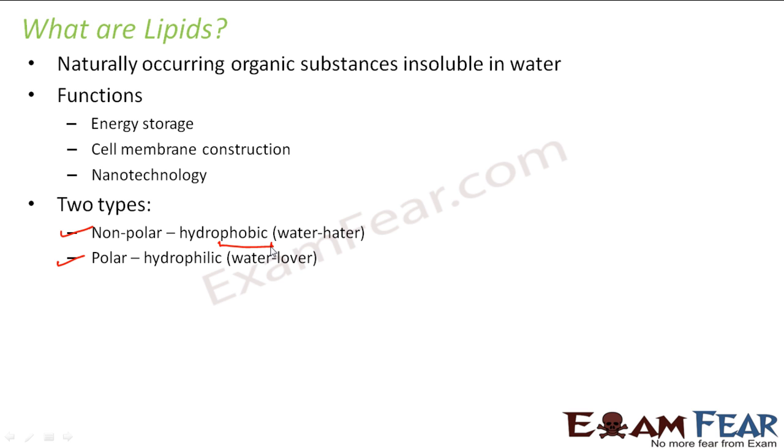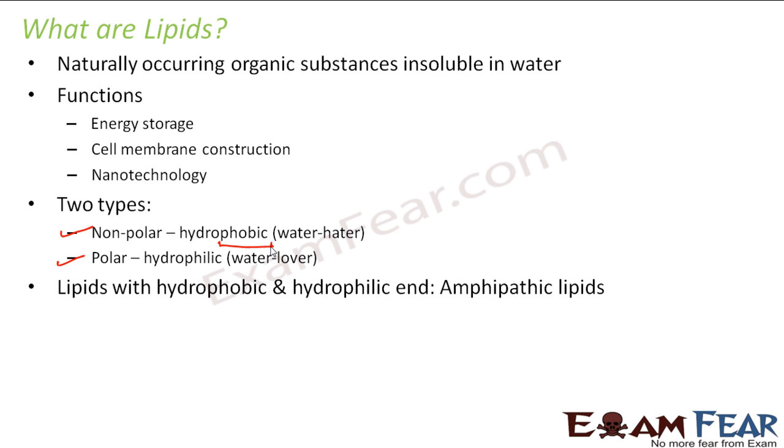Here we will not talk about the structure of lipids or their examples in chains and so on, because you will learn about lipids in detail in your organic chemistry in class 11th. For now you should just know what lipids are, so that I can talk about the structure of the plasma membrane. There are certain categories of lipids which have both a hydrophobic as well as a hydrophilic end.